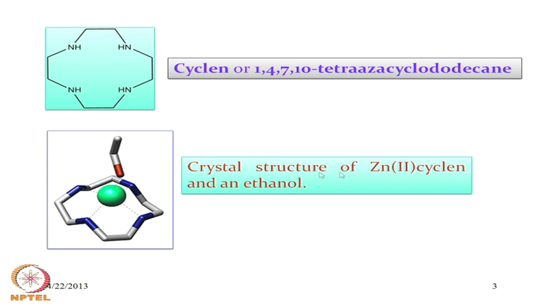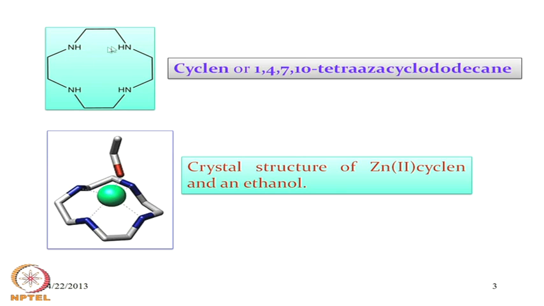So, when we have a corresponding compound of zinc with cyclen, the zinc atom is basically sitting on this particular ring. In this particular cyclic ring, the zinc atom is sitting over there, and one ethanol molecule is coordinating, fulfilling the 5th coordination site for the zinc atom.